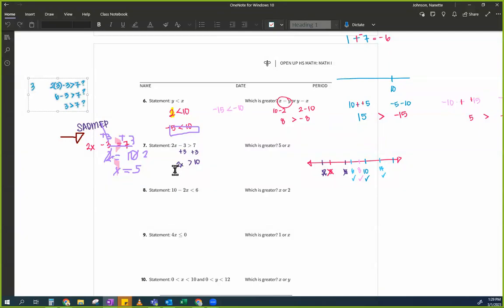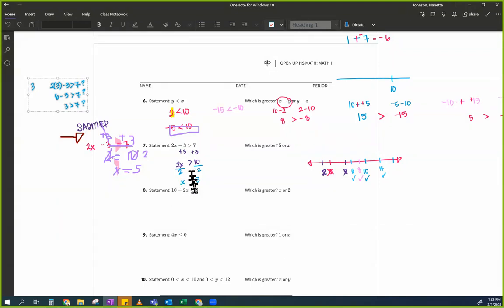Very good. Divide by 2. And your brain should be like, oh my gosh, is this the moment that we're going to switch our symbol? Okay, and then we say, well, that's x, that's 5, right? And then I ask, do we switch our symbol? My nails are being bitten.